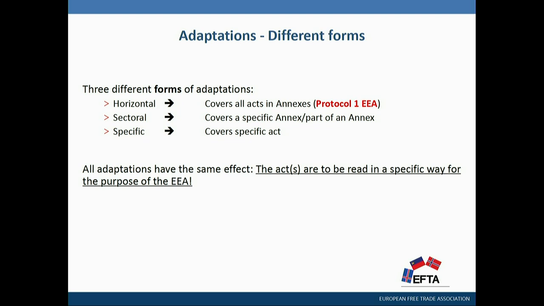For example, it ensures that all rights and obligations for EU member states also apply to the EFTA states and their citizens. It controls the entry into force as regards the EFTA states, references to territories, languages, just to basically widen the scope to cover the whole of the EEA.